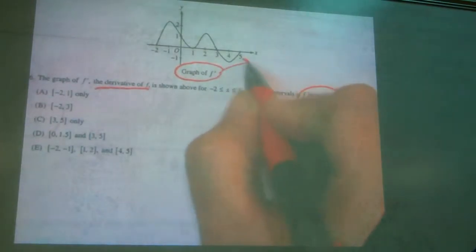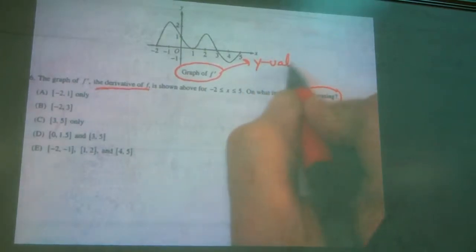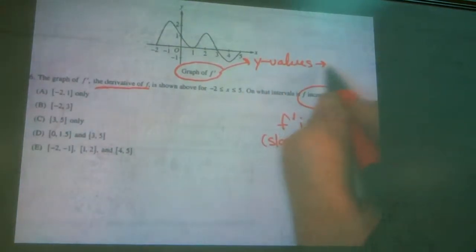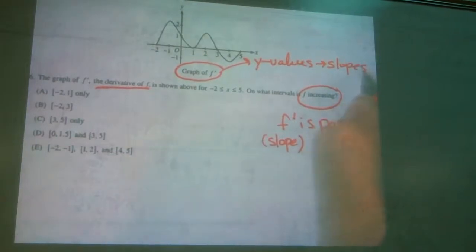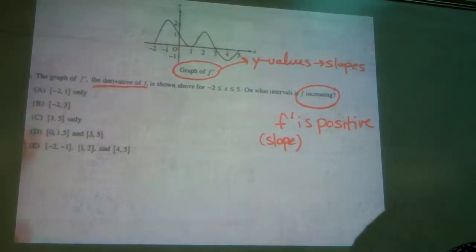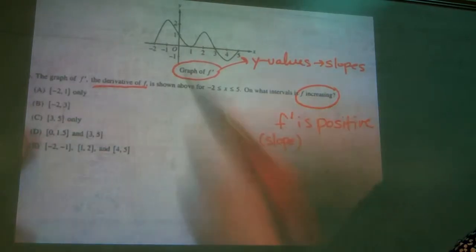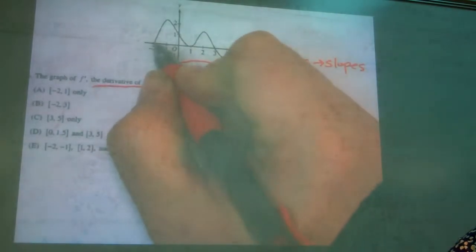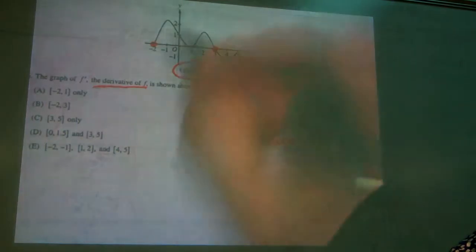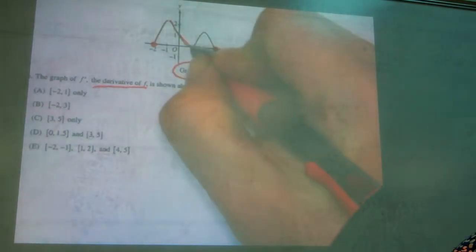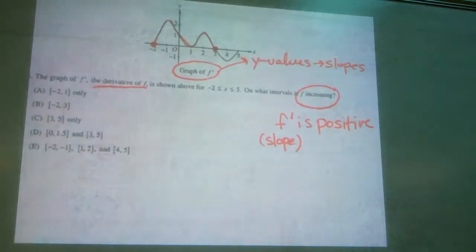So that means that the y values of this graph are the slopes of my function. So when I look at this graph, I don't look at the slopes. I look at the y values. Where are the y values positive? And that's between -2 and +3. The y's are all above the x-axis there.